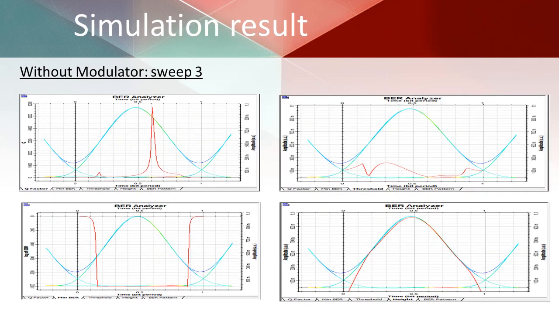Okay, for the simulation results, I will explain the without-modulator case. We used parameter sweep 3 at 2 meters.